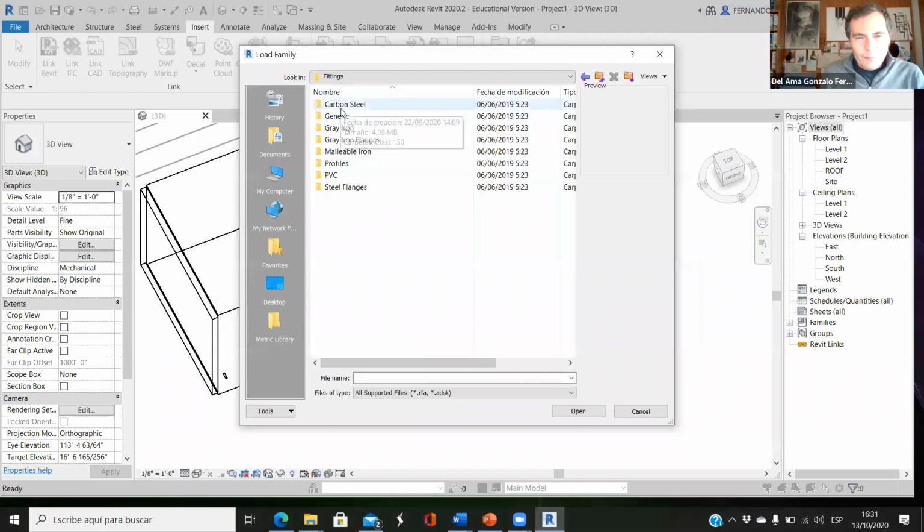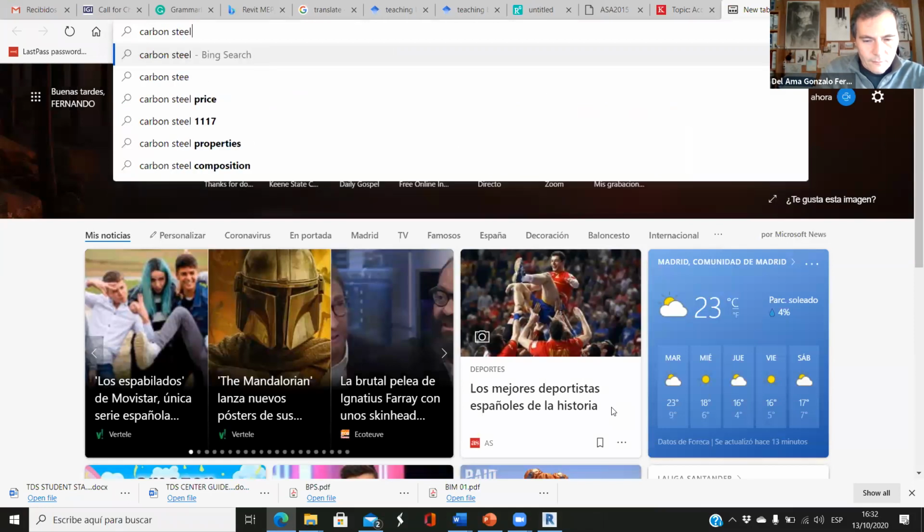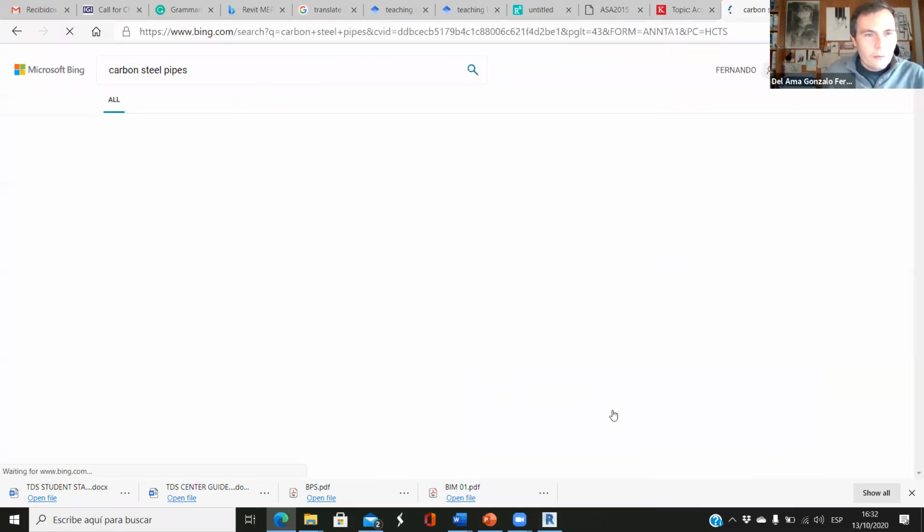Okay, so plumbers usually used lead. Now lead, it's not healthy, so all the lead pipes have been replaced by what? Copper, probably. Carbon steel pipes, this is too old.